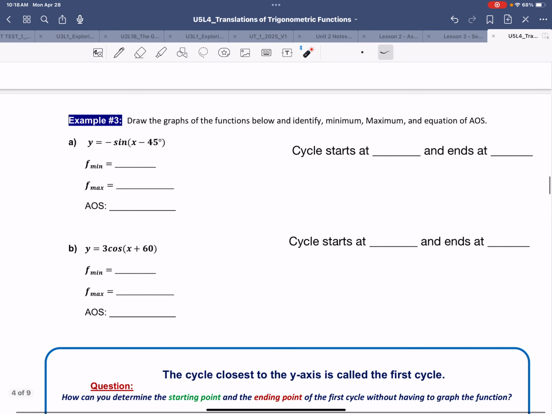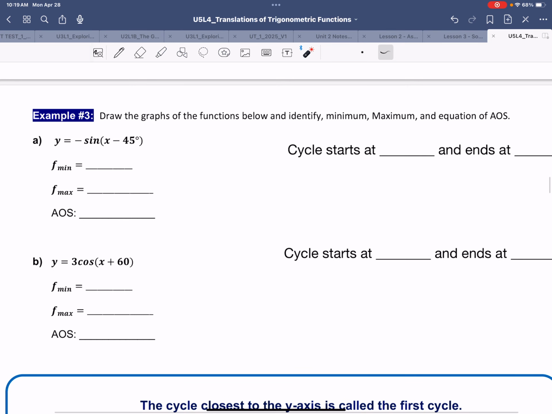So in the next example, we have to draw the graphs and identify minimum, maximum, and axis of symmetry, and the start and the end point of each graph. So negative sine of x minus 45. As you can see here, we have the value of a equal to -1. So that will give an amplitude of 1.